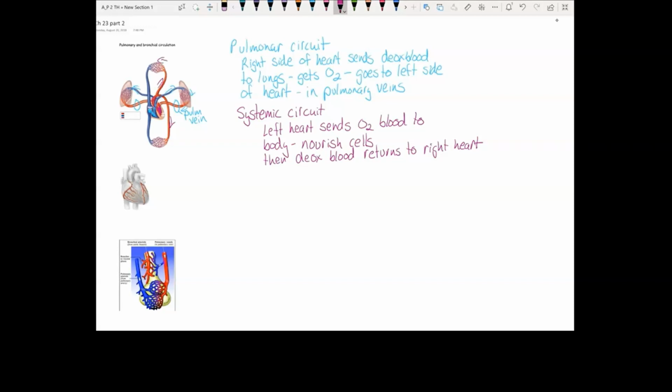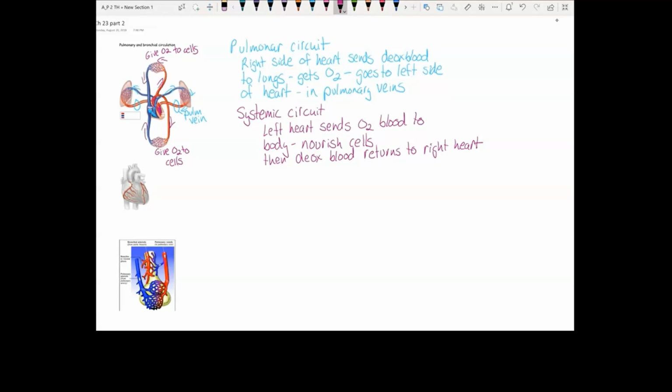You go through the systemic capillaries where you give oxygen to the cells. Down here also. Then the deoxygenated blood comes back through the vena cava into the right side of the heart.